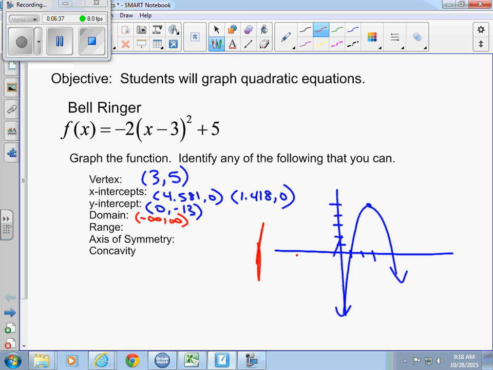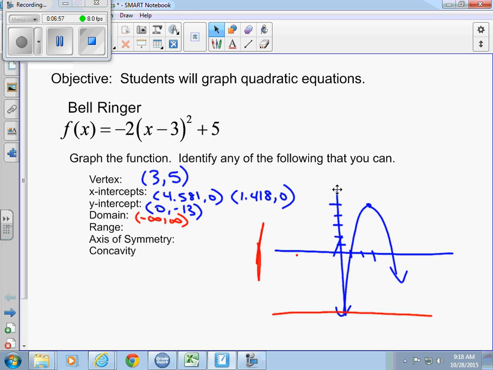Now what you're answering is range. You're right. We won't have negative infinity on range, but it'll start at the bottom. Do I touch down at the bottom, with those arrows going down?